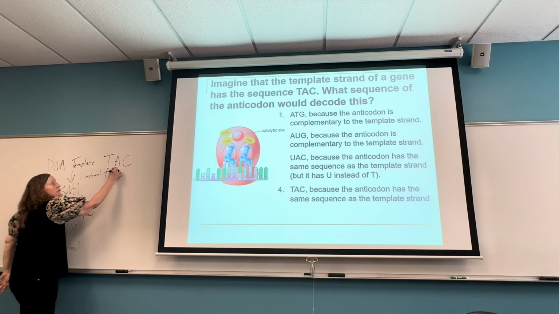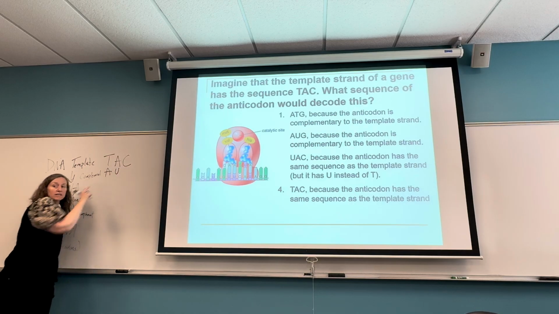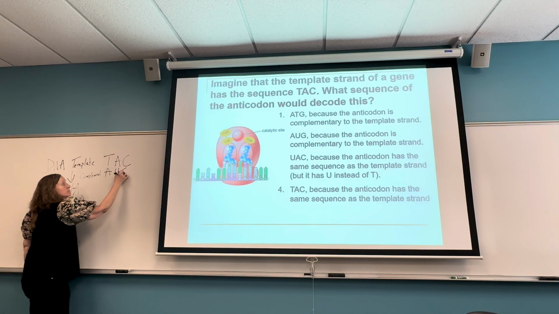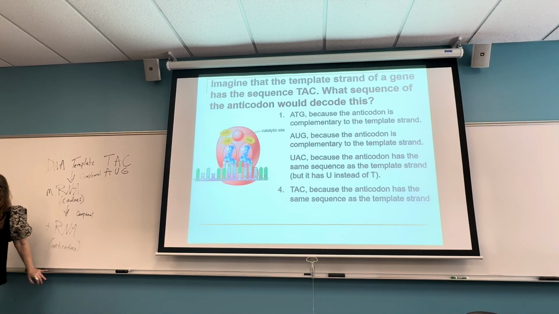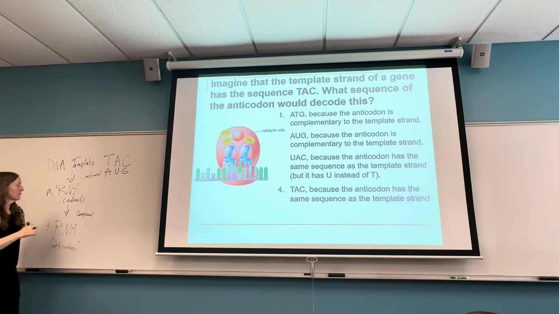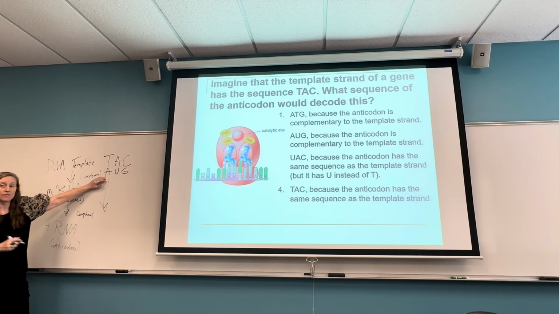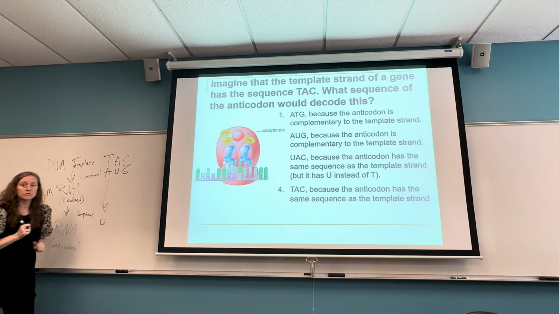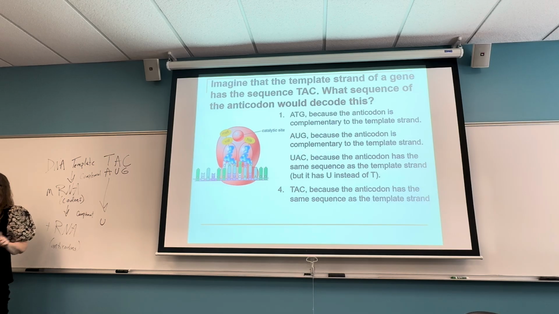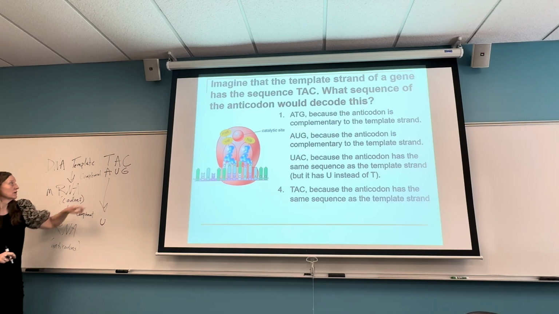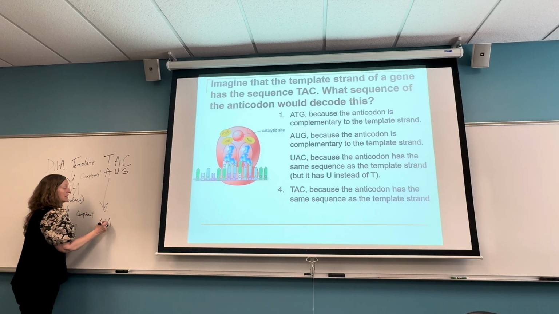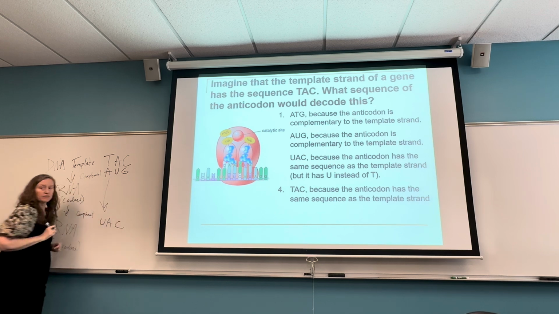A will complement U. C will complement G. There's that AUG, right? That start codon. And we're going to have a complement of AUG. A complements U. We don't use T's anymore because we are now going RNA to RNA. U complements A, and G complements C.